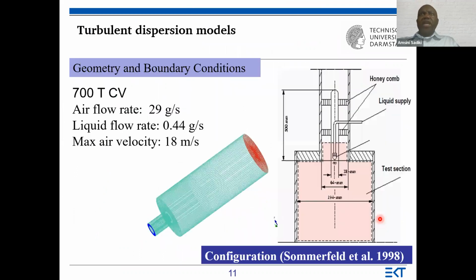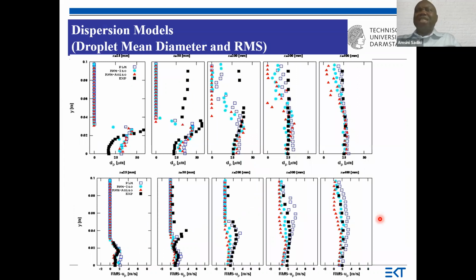We also did the same in this Sommerfeld configuration, and we see the same behavior: the isotropic model is not very good, but the anisotropic model and the Langevin model provide the correct behavior everywhere.